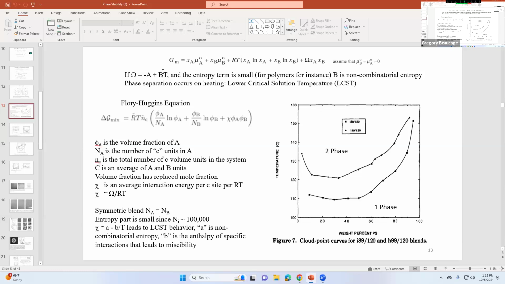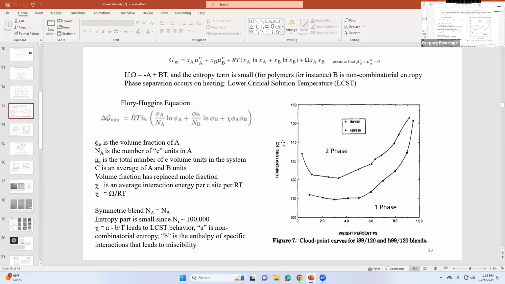And what happens is, as the temperature goes up, the system becomes immiscible. So the negative term means it's going to mix, and the positive means it's going to demix, because you're dropping the free energy for the negative term and increasing the free energy for the positive. So when you get a high temperature, the system demixes. So the normal state of affairs for a polymer, because you don't have much entropy of mixing, is that it phase separates on heating instead of cooling.